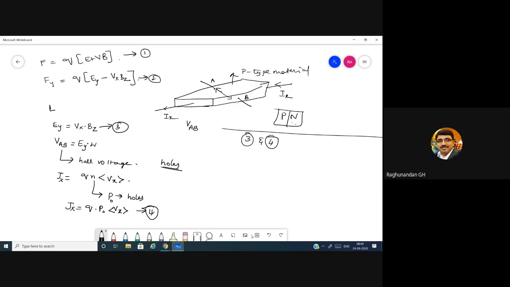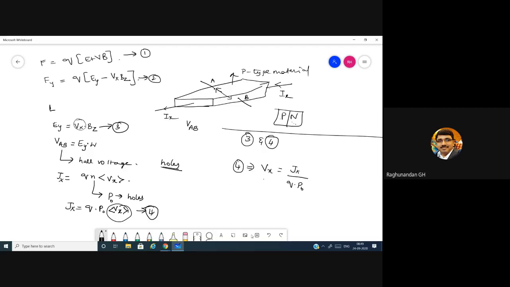We can substitute this Vx in the place of this Vx. So for that purpose, write the equation for Vx. If I rearrange equation number 4, I'll get Vx is equal to Jx by Q into P naught.